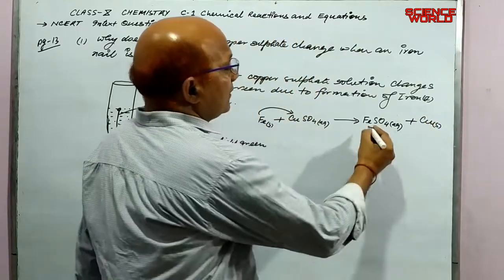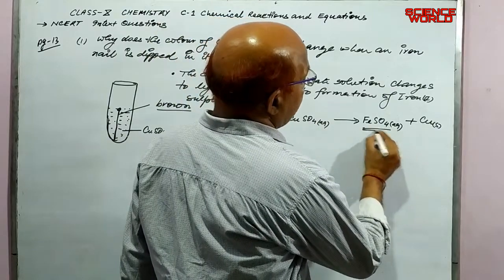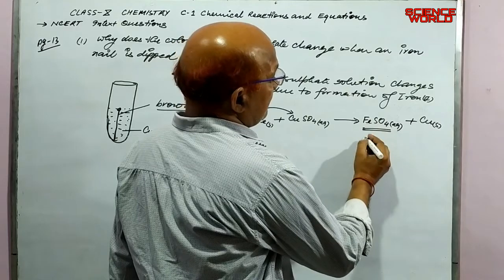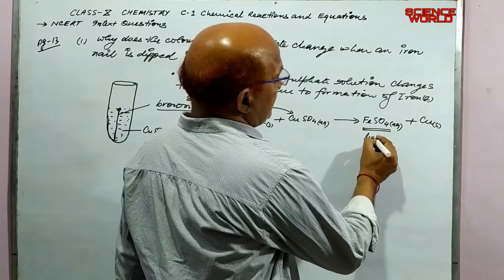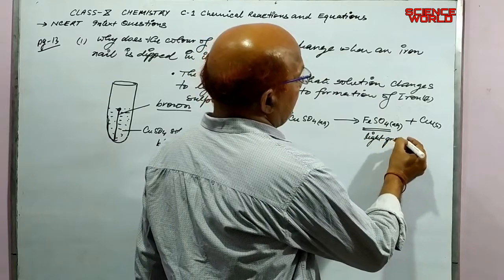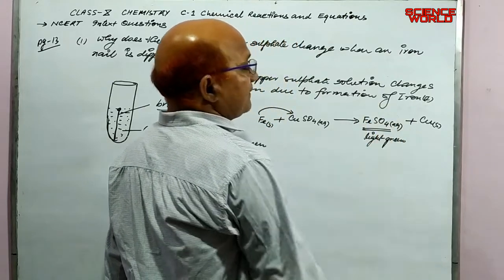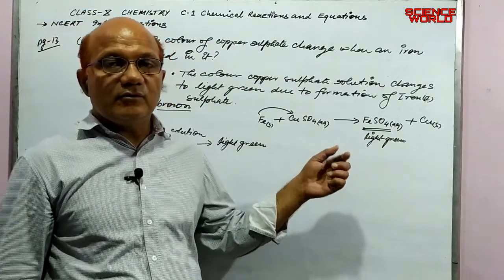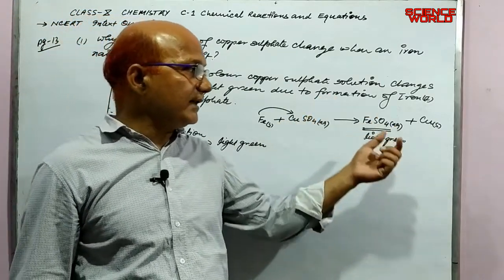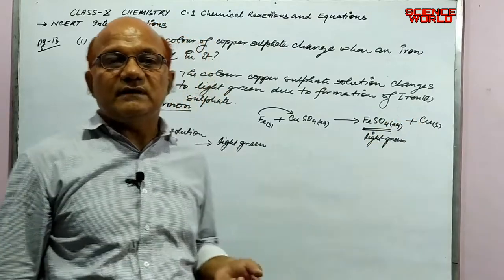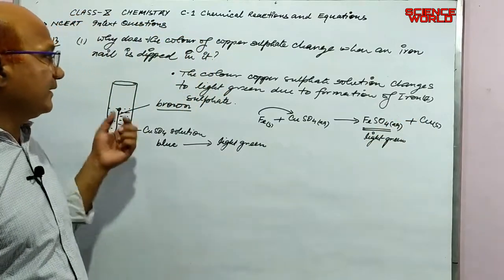Okay. Due to formation of ferrous sulfate, this is iron(II) sulfate, the solution changes to light green, and the nail becomes brown in color due to deposition of copper on the surface. Now, take a screenshot of it.